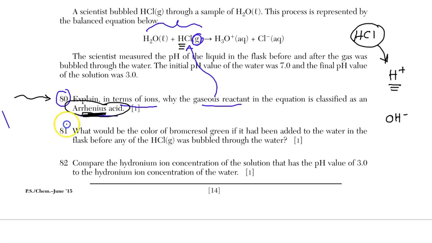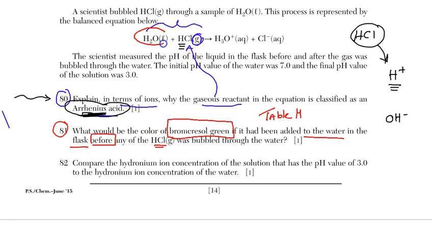Number 81. What would be the color of bromocresol green? That's an acid-base chemical indicator found in table M. If it had been added to the water in the flask before any of the acid was bubbled through the water. So in the flask, before you add the acid, is just water. In pure water with nothing added, the pH is 7. So let's go to table M and see what the color of bromocresol green will be when the pH is 7.